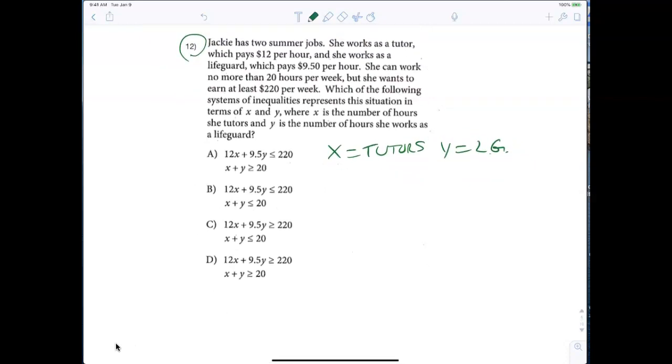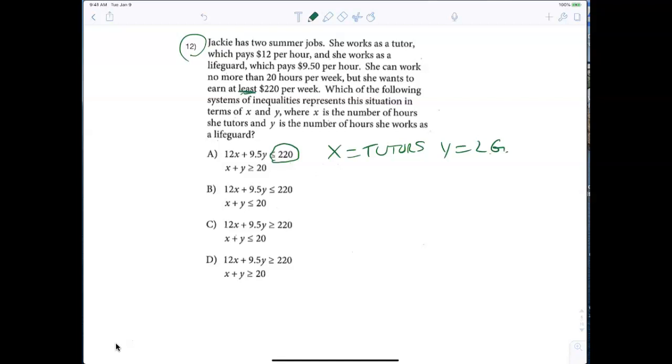All right, so now again, please listen to me. I really do think it's important to just collect your thoughts and then start with A and see if A is reasonable or not. Does she want to earn less than $220? No. She wants to earn more. Right, at least.